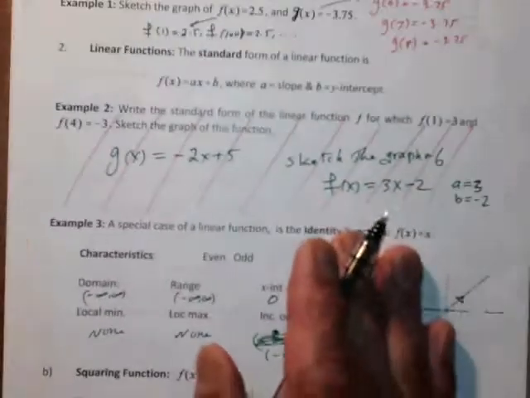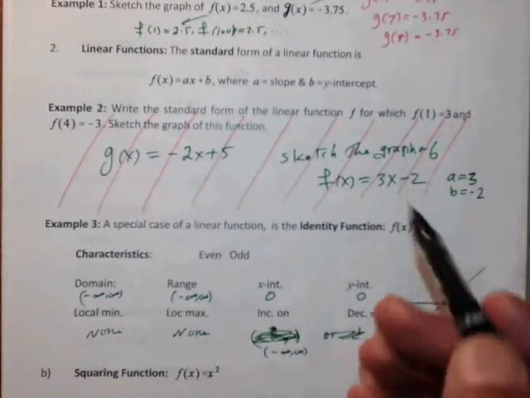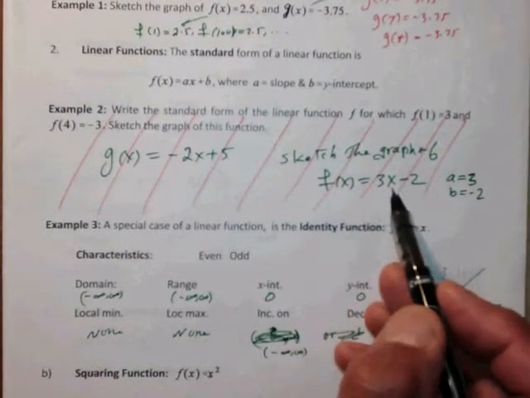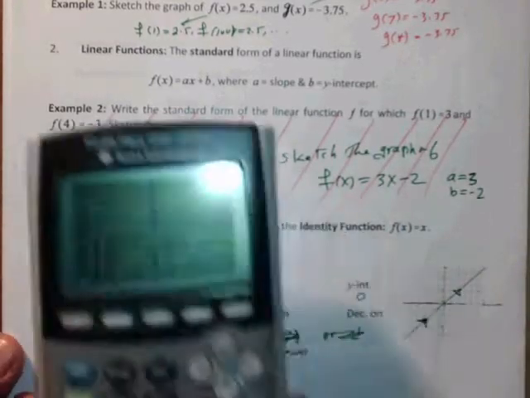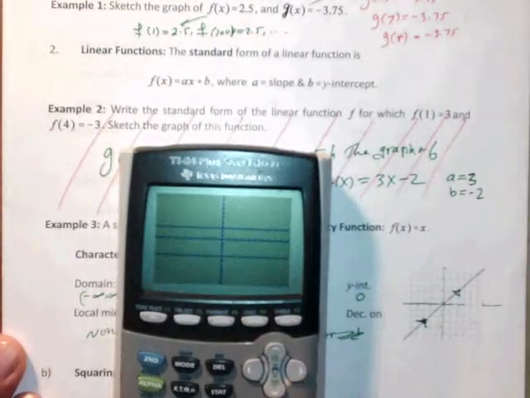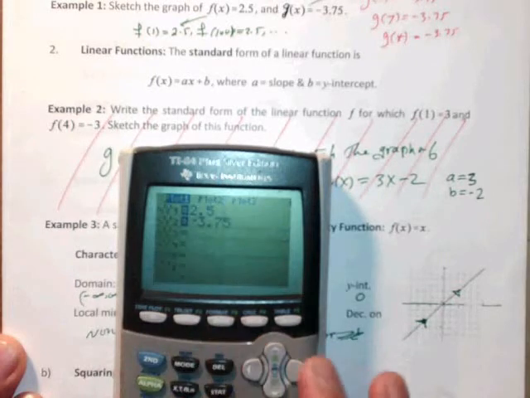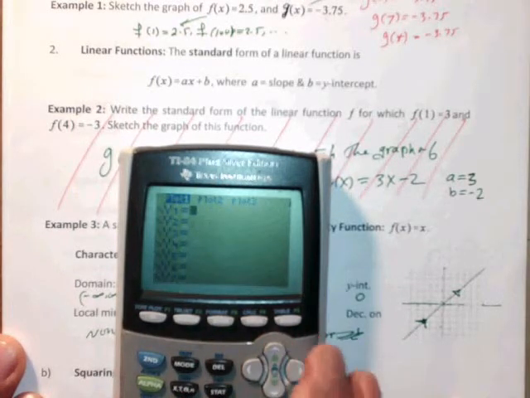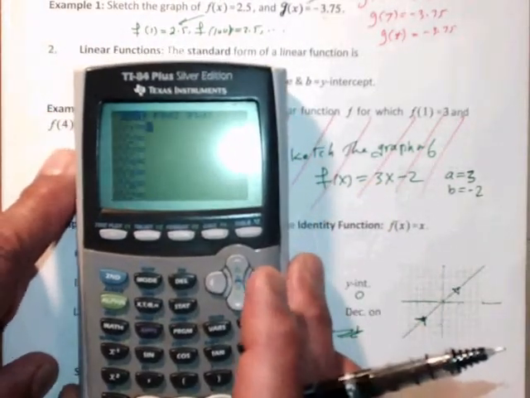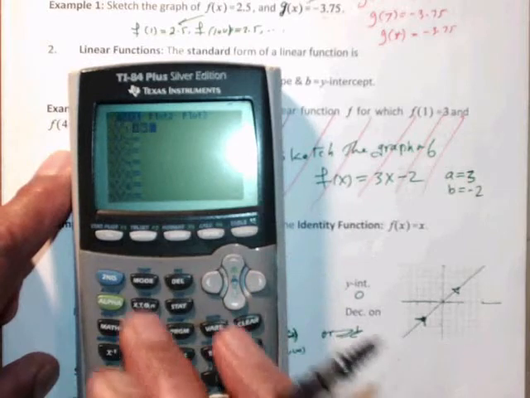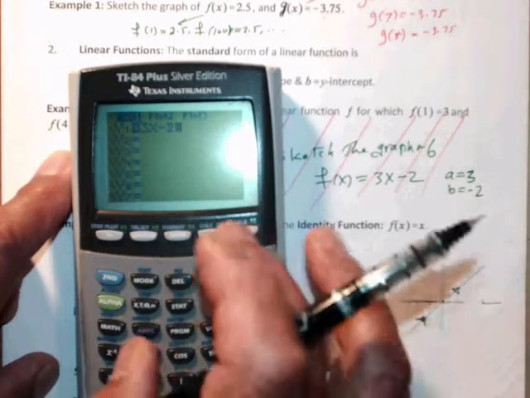And just for the sake of discussion, we can graph these two linear functions with the graphing calculator. Pretty simple equations. Like the first one, I can say 3x minus 2, and graph.